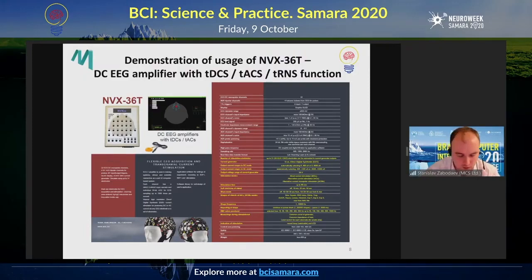In this part of my talk, I would like to demonstrate our NVX-36T device. You see the list of technical characteristics of the device on the screen. It uses one current generator that can be connected to 3 channels. It can be used for flexible EEG acquisition.